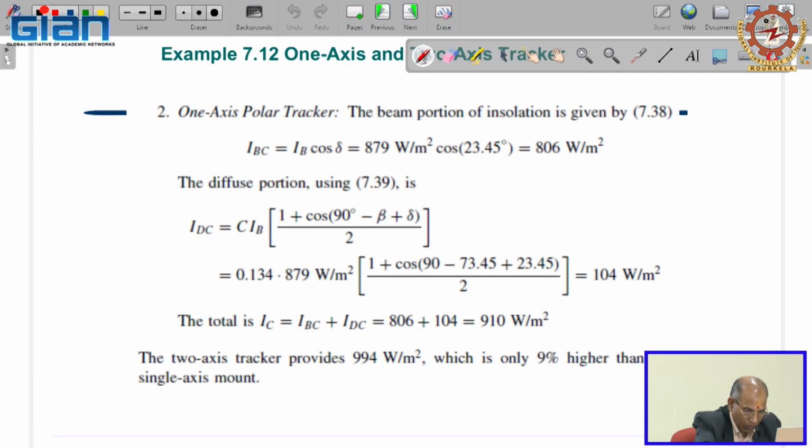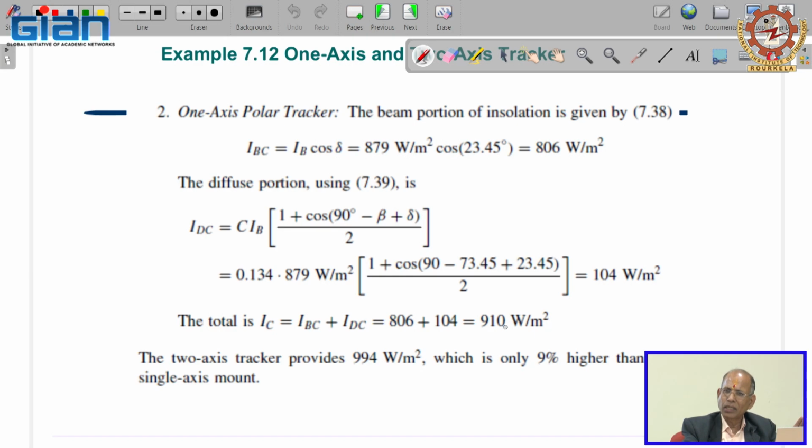Sorry, that was the case for maybe two axis, and for the single axis you calculate for the beam and this diffuse. Even you can do the calculation for the reflected as well. So without axis it was 823, two axis 994, single axis 910.